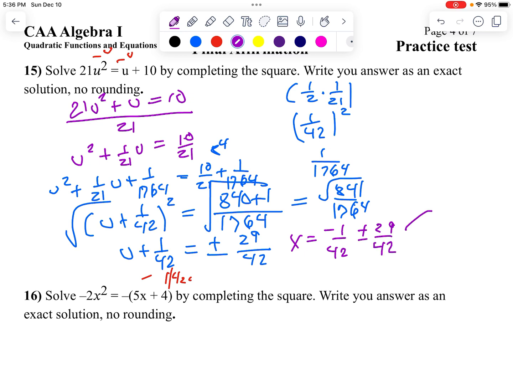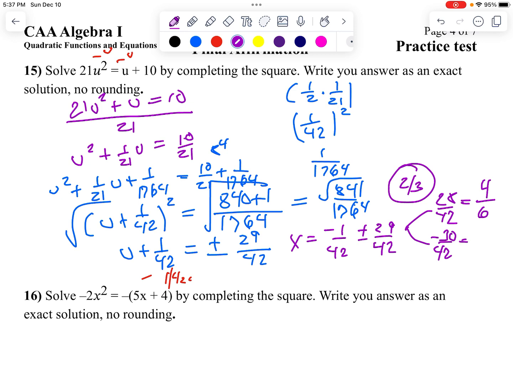Negative 1 plus 29 is 28 over 42. And let me see, 7 goes into both of them. So 28 divided by 7 is 4, 42 divided by 7 is 6. And that reduces again, so this is 2/3. And then negative 1 minus 29 is negative 30 over 42.